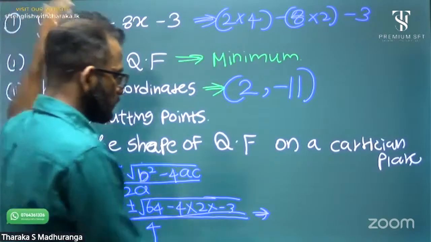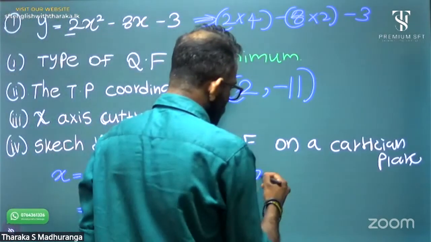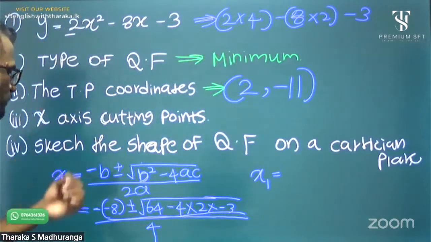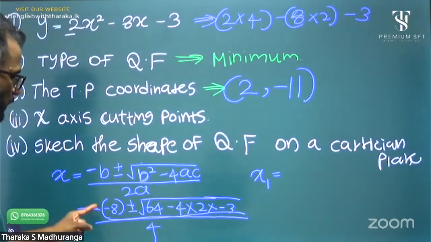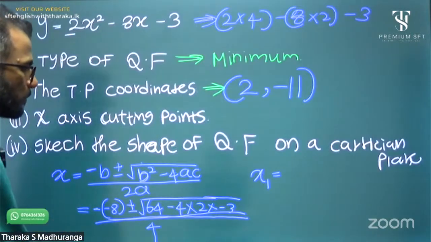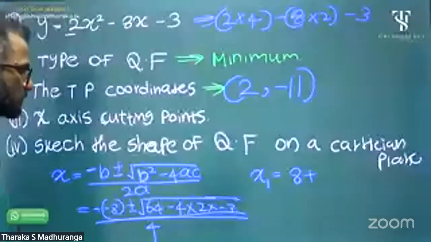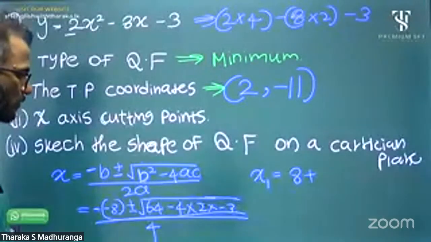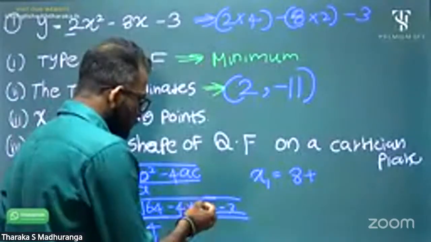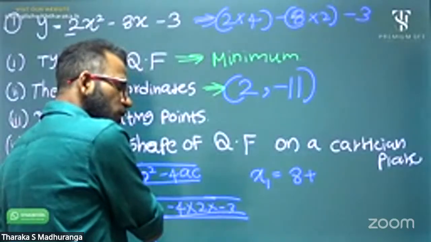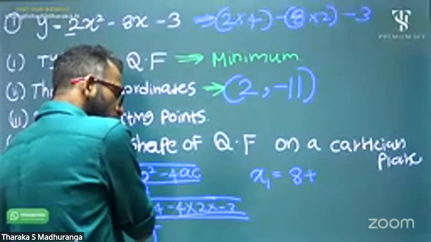Okay, now I can calculate the x1, first x-axis cutting point. How to calculate? Plus 8, plus square root of 64 minus 4 into 2, it is 8, 8 into 3, 24.